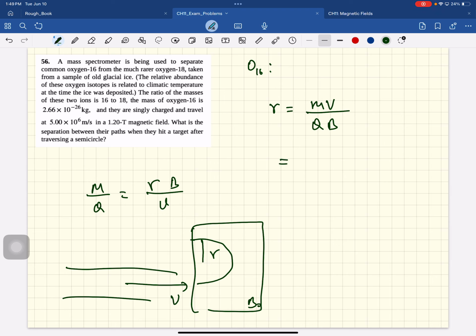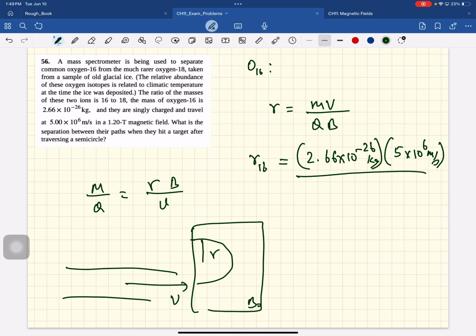The mass of oxygen 16 is 2.66 into 10 to the minus 26 kgs, times velocity 5 into 10 to the 6 meters per second. The charge of oxygen 16 is singly charged, 1.6 times 10 to the minus 19 coulombs, 1.2 Tesla magnetic field.